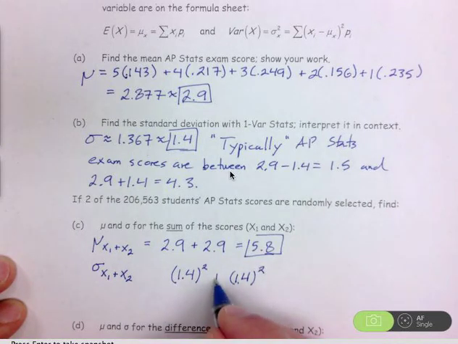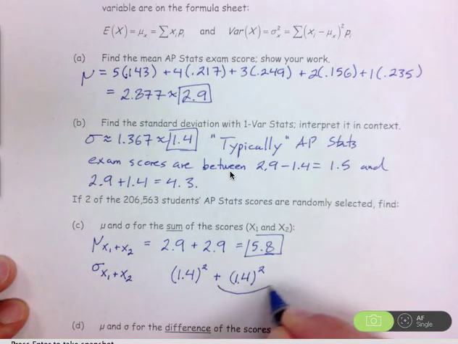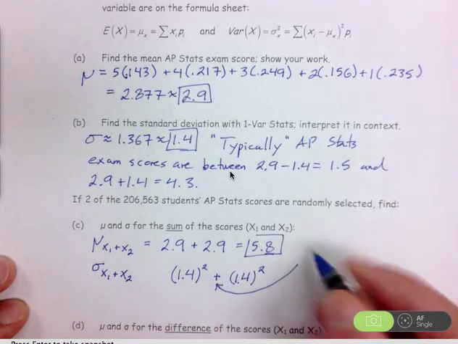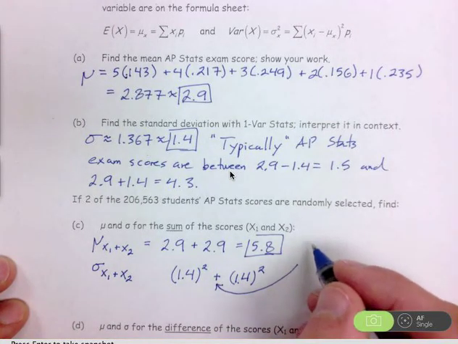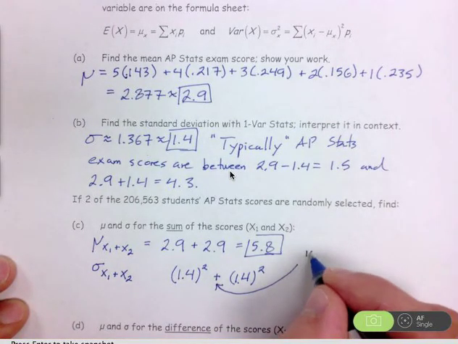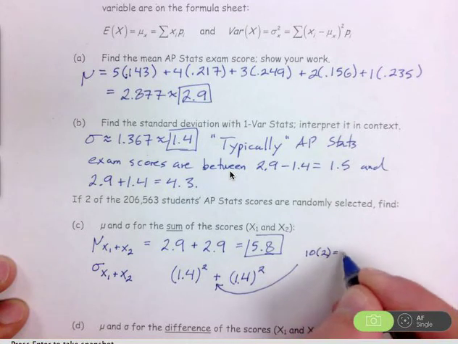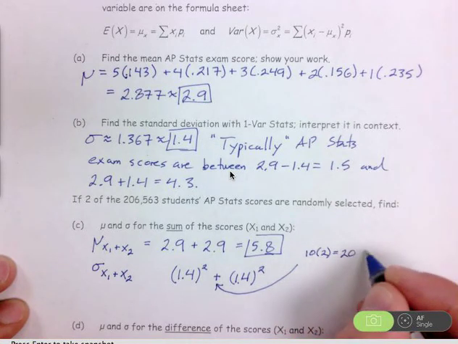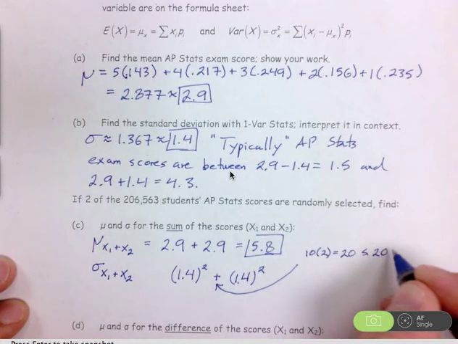Now I can combine them by adding if these are independent random variables. Well, here's the argument that I'm going to make. If you take 10 times this sample size, 10 times 2, that's 20. That's certainly less than or equal to 206,563.